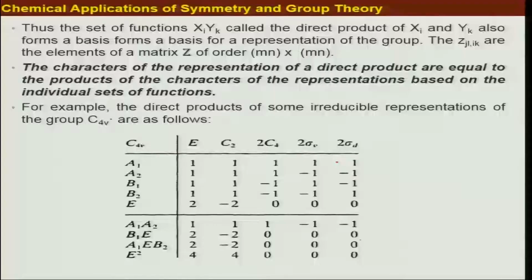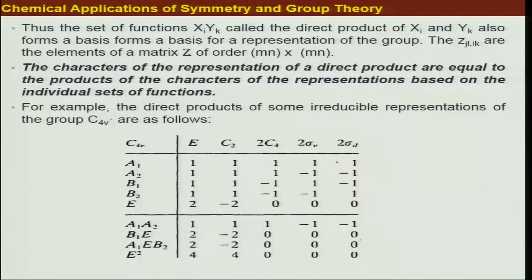So this is just an analogy. You have the individual basis functions as xi's and yk's. When you combine them one to one, the set that you get also acts as a basis set for the representation of the same point group.